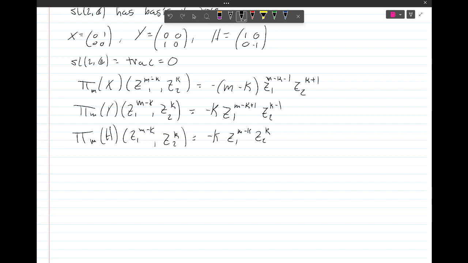Okay, let me double check that real quick because I think I might have gotten the eigenvalue for h screwed up.